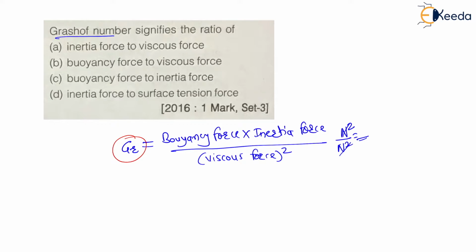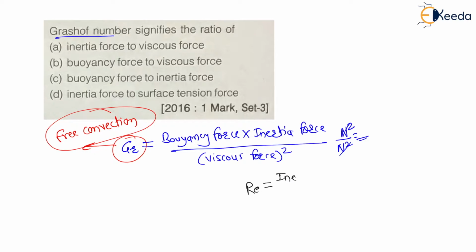Now, this Grashof number is used only in free convection, to distinguish the type of boundary layer formation. The Grashof number is not used in forced convection. My dear students, the Reynolds number Re is used in forced convection, and the Reynolds number is nothing but inertia force divided by viscous force.